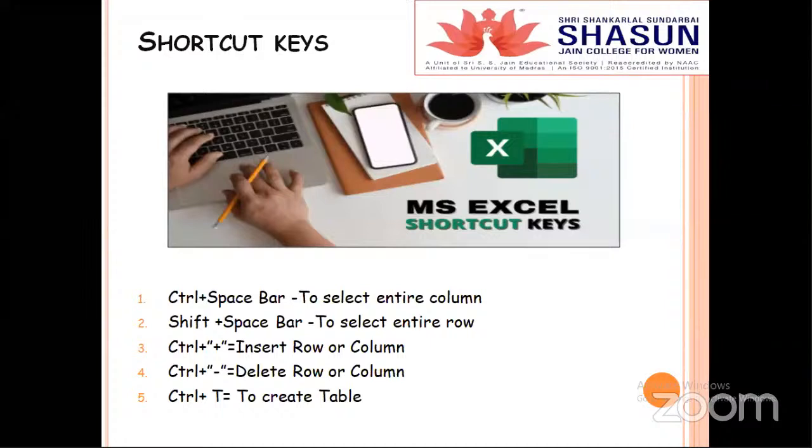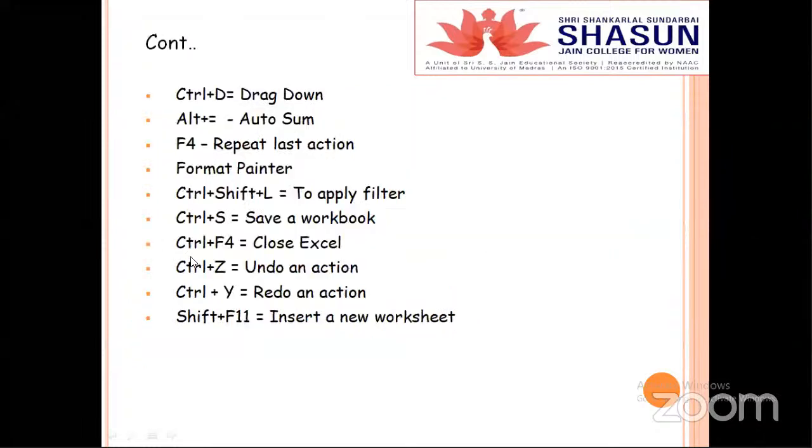For inserting or deleting, use Ctrl plus F for inserting and Ctrl plus minus for deleting. Ctrl plus T is used to create a new table. To drag down, the shortcut key is Ctrl plus D.